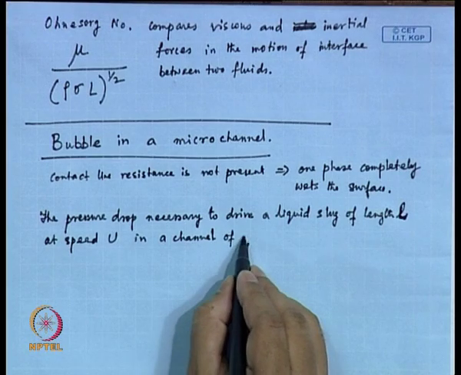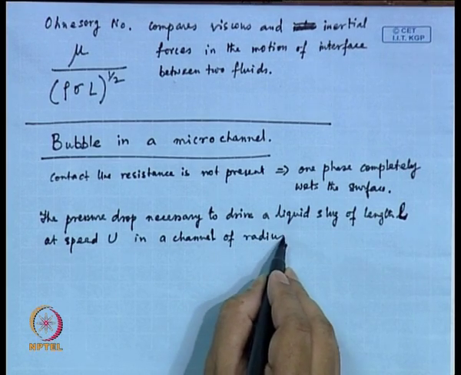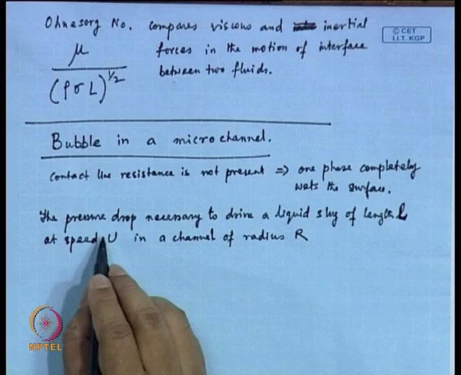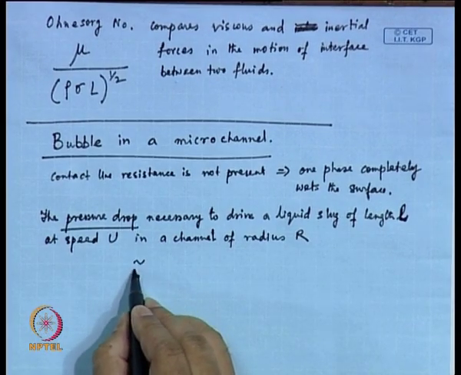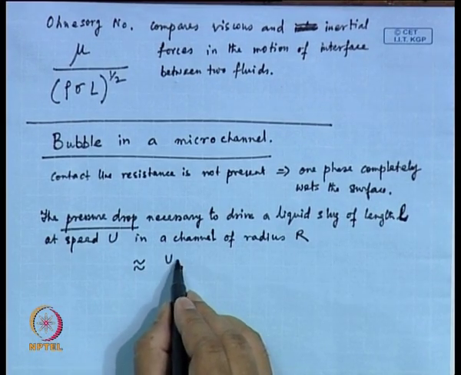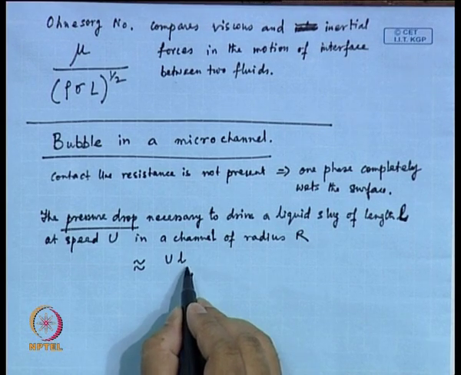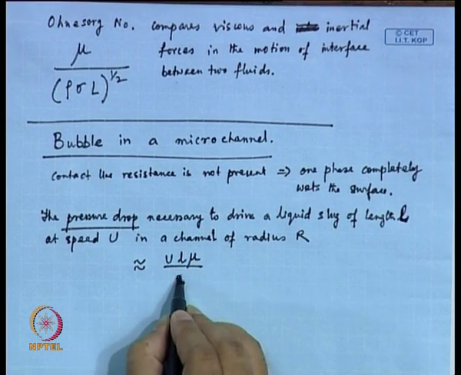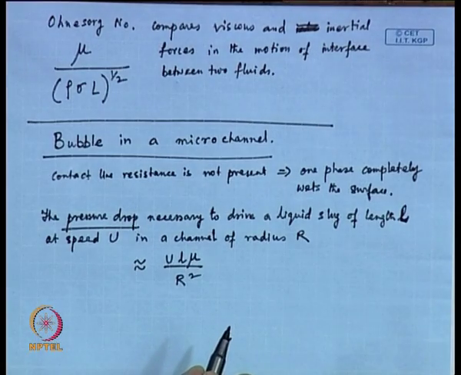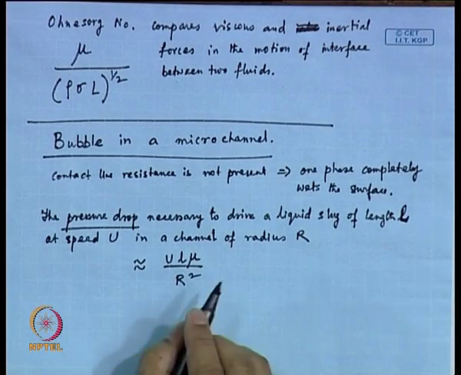You will find that this pressure drop is of the order of U l mu divided by r square.